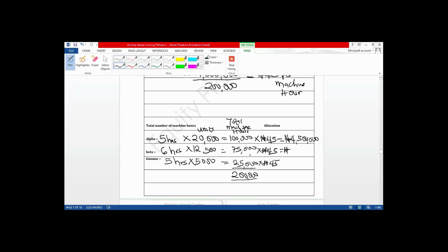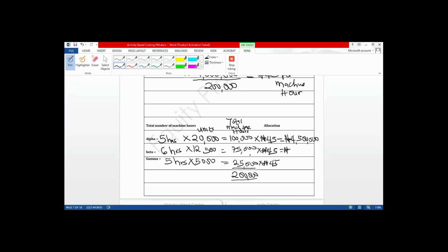My question is, after the allocation that you did, the calculation of the 5 hours multiplied to get the 200,000, what if we just pick the 200,000 and divide the 9 million naira? Is that your question? Yes, sir. Okay. If you pick 200,000, you still get 45.